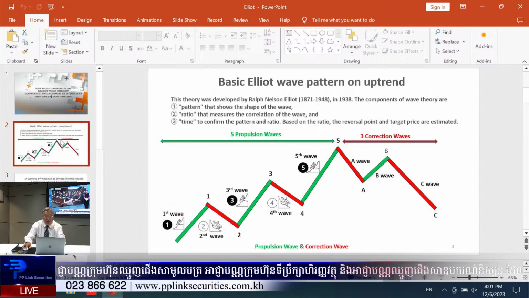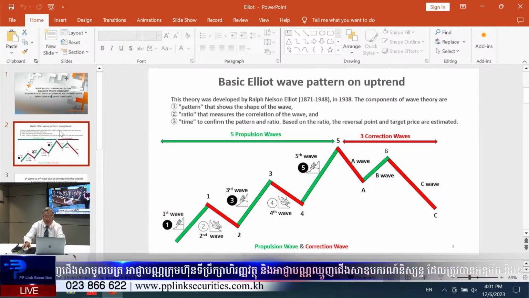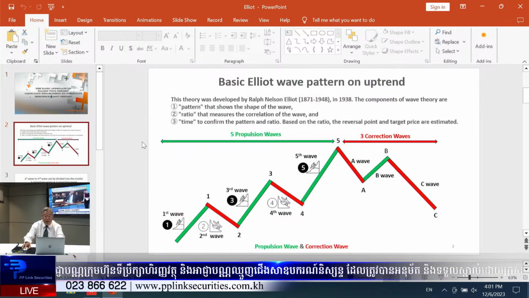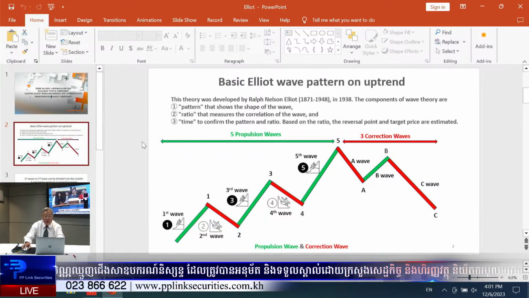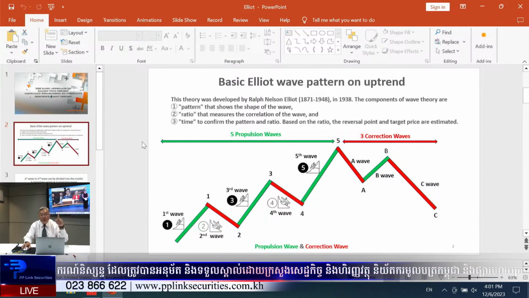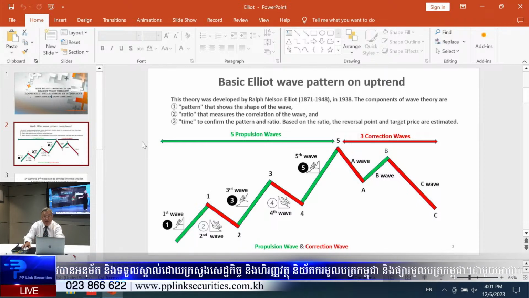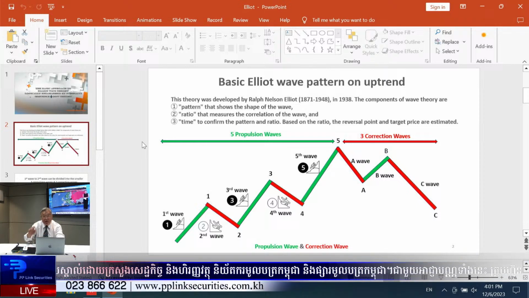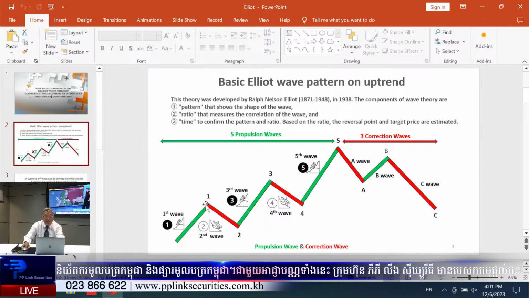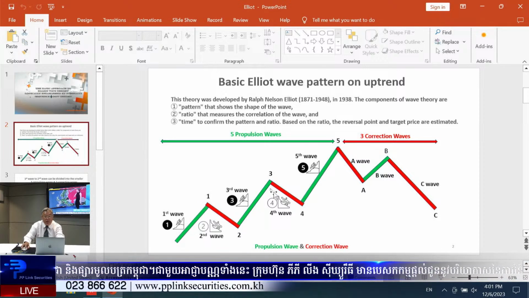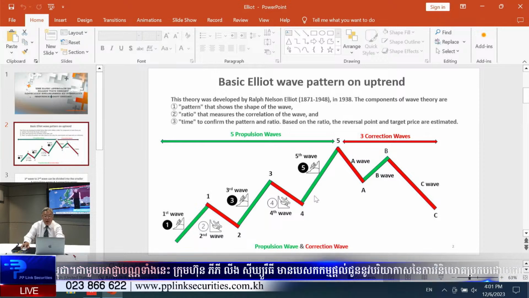And then we studied together this typical Elliott Wave pattern consists of the 5 uptrend waves and then 3 downtrend waves. 5, okay, wave 1, wave 2, wave 3, wave 4, and wave 5.